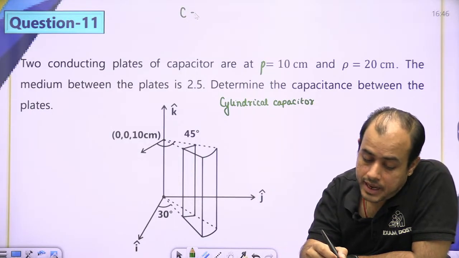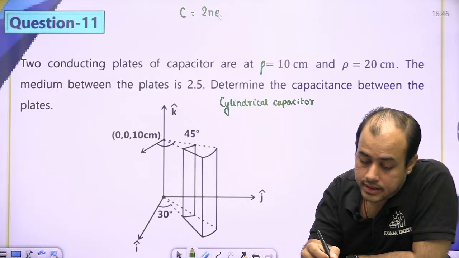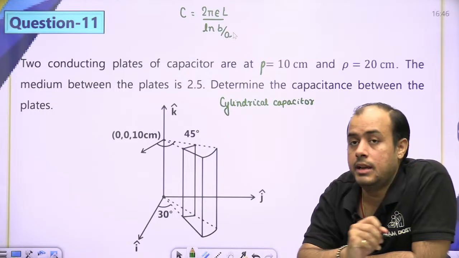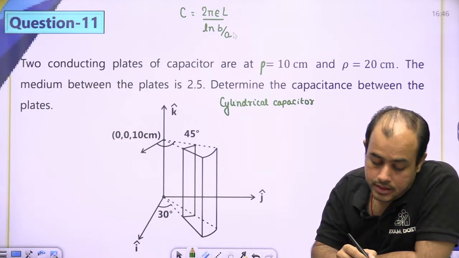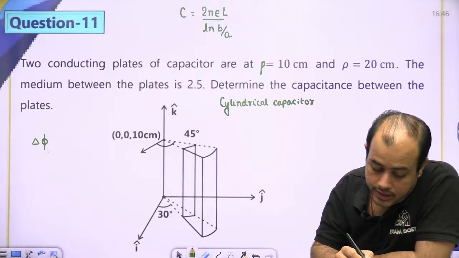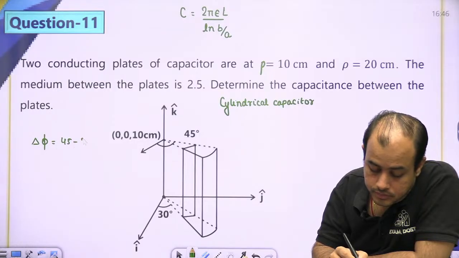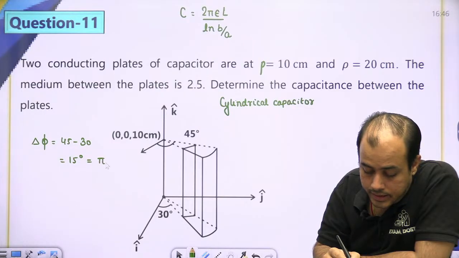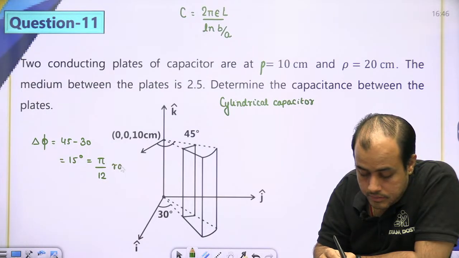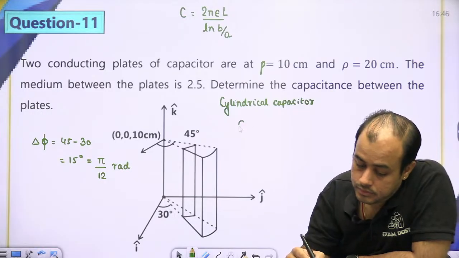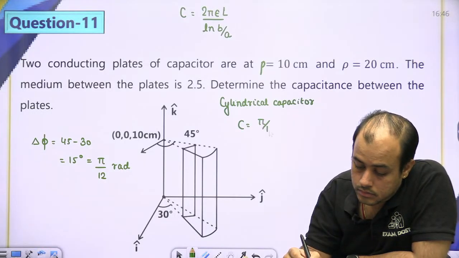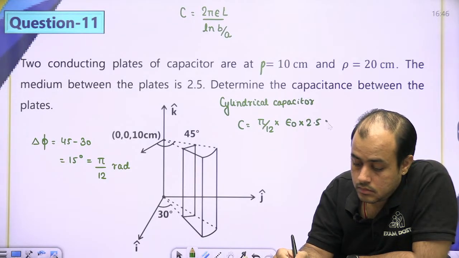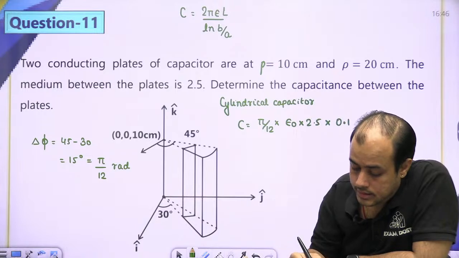Now you remember capacitance of cylindrical capacitor. This 2 pi came because of the phi. Now what is change in phi? 15 degree, which is pi by 12 radian. Length is 10 centimeter.